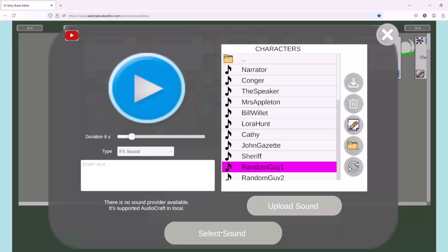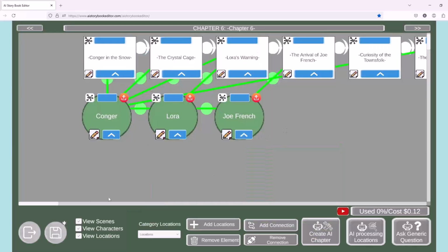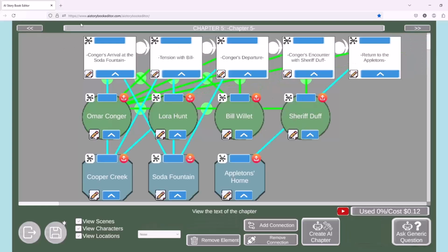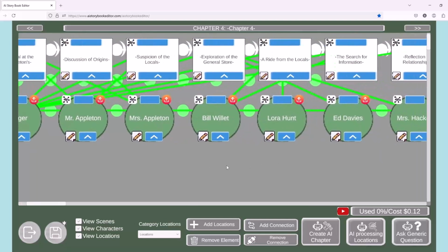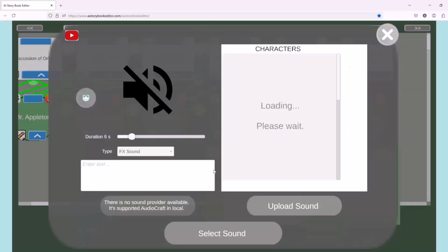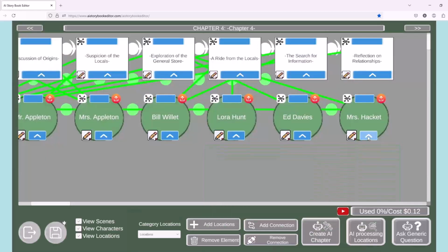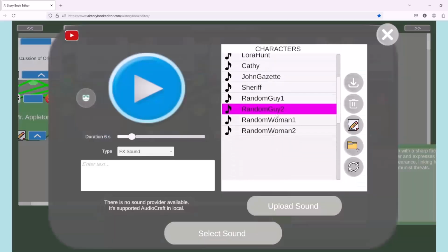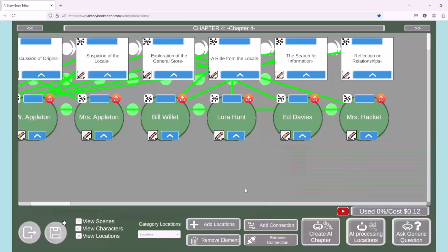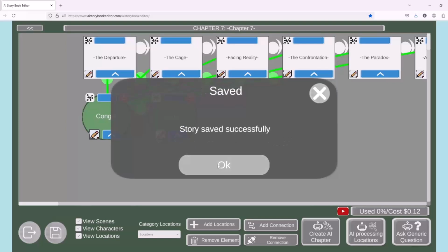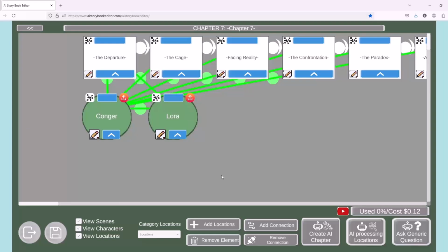And we would be assigning to Joe French just one of the voices, and we are going to do the same for the characters. I think Ed Davis, we are going to use random guy 2, and Mrs. Hackett random voice 1. So we have assigned the voices to the different characters. We clone them, and they are ready to use in the text-to-speech generation process.